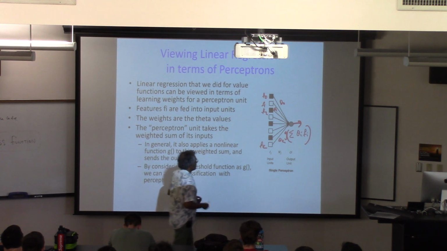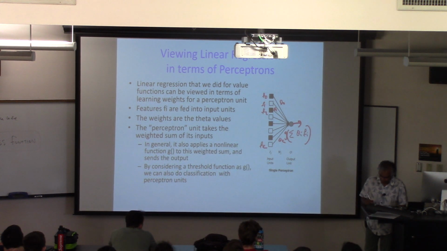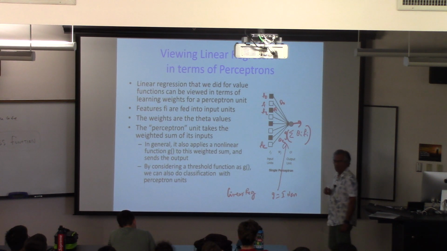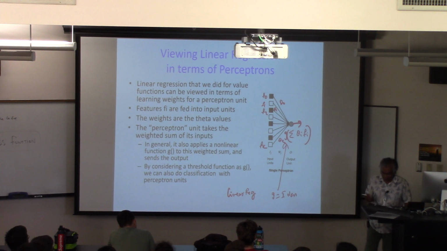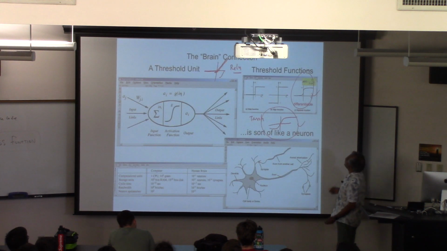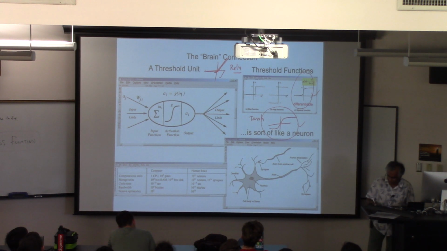Now, I already told you that if I have g equal to identity, then this is linear regression. I can have g be any arbitrary function, and typically the kind of functions we will look at are what are called gating functions, or threshold functions.